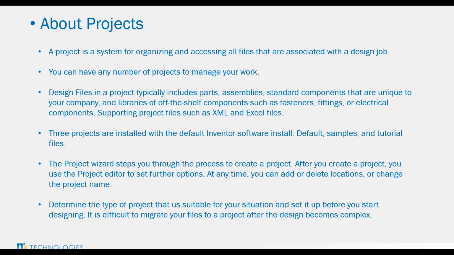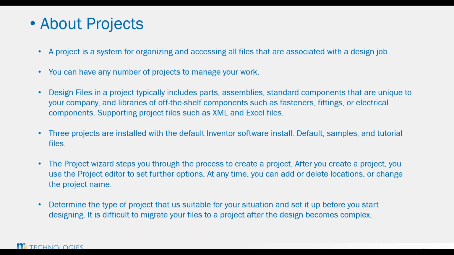It has an extension of IPJ, not IPT. The IPJ is a pointer. This is not a modeling file. This file absolutely will dictate where Inventor will grab supporting files as your top-level design loads.